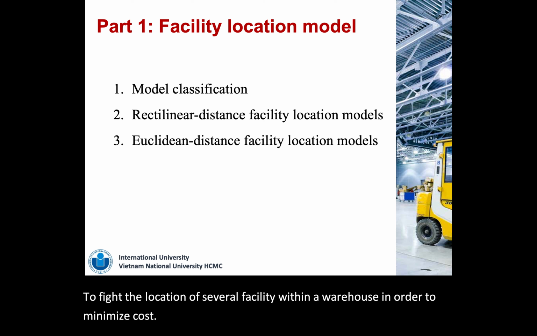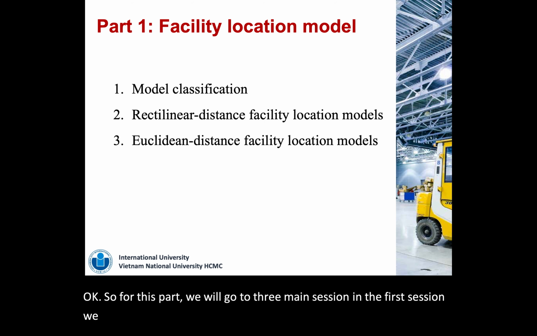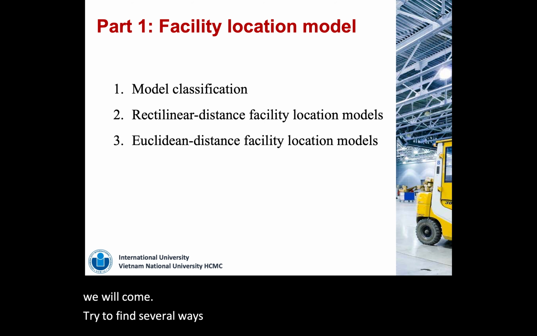Okay, so for this part, we will go through three main sessions. In the first session, we will try to find several ways to classify these models. In the second session, we will explore what we call the rectilinear distance facility location model.